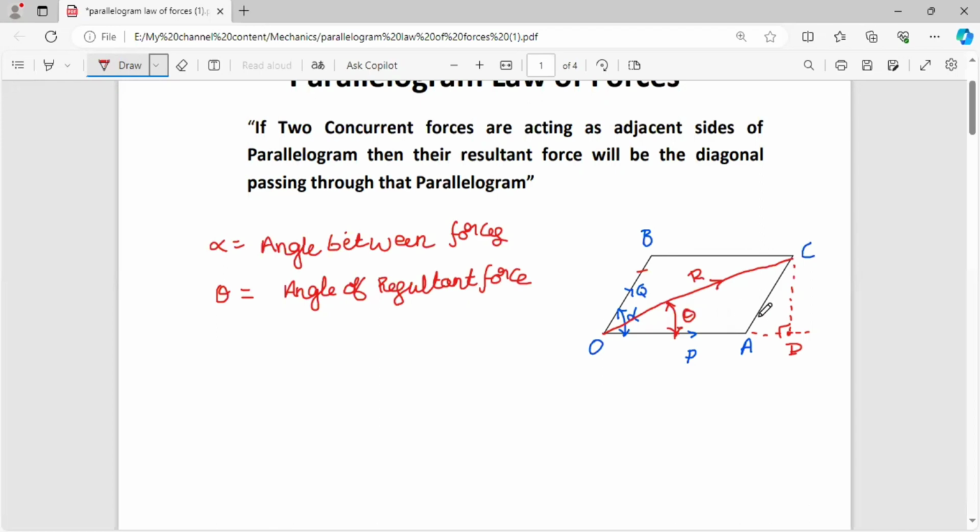This is theta. Then AC also has an inclination of alpha.